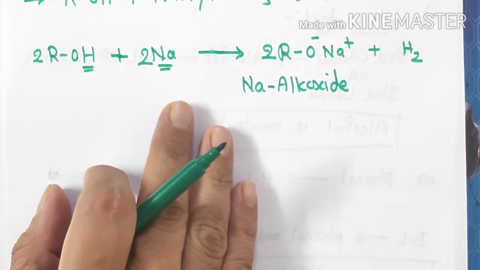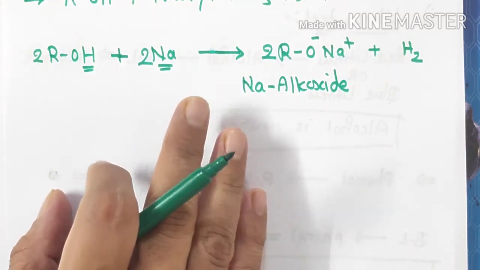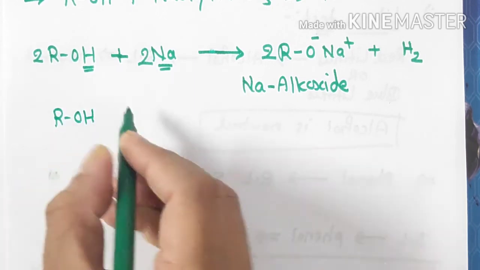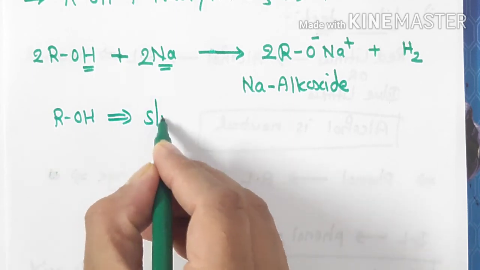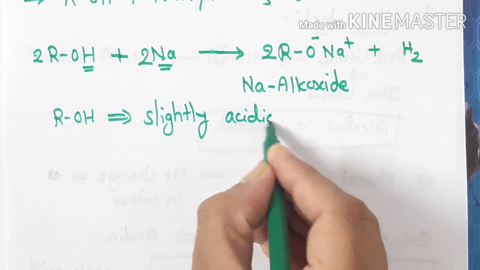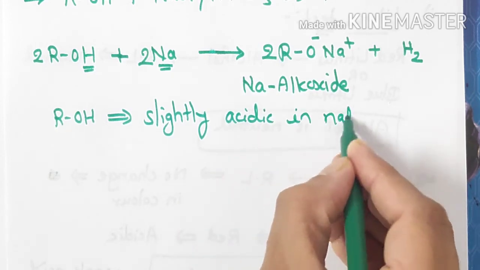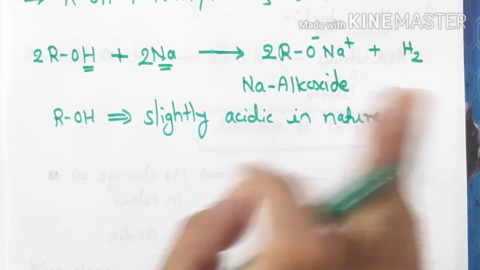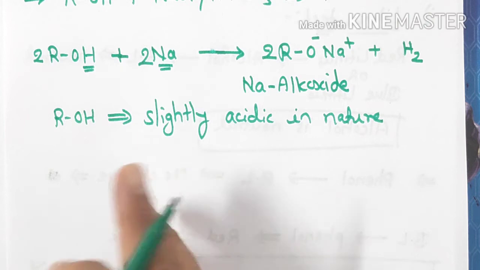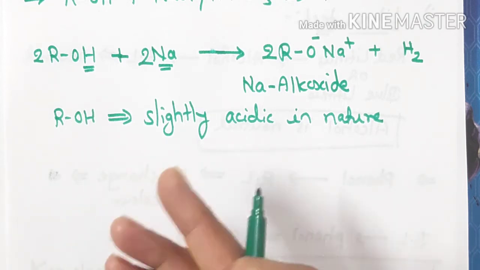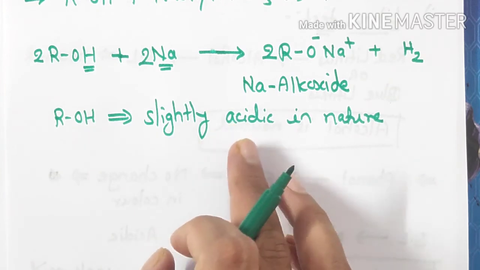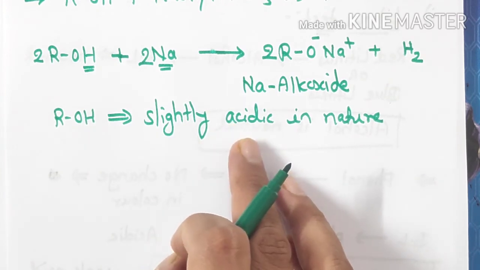This reaction takes place, and it is proving that even alcohol is slightly acidic in nature. This can be proved only when alcohol reacts with a very strong electropositive metal like sodium, in which case it shows some acidic character, which is very slight.